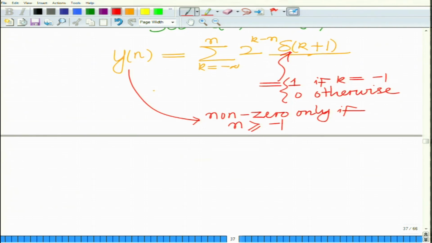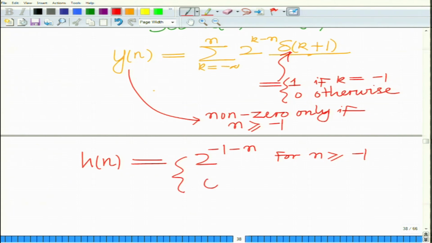And in fact, for n greater than or equal to minus 1, the impulse response h[n] equals, you can see it is non-zero only for k plus 1 equals 0 or k equal to minus 1. So this will be 2 power minus 1 minus n for n greater than or equal to minus 1, and equal to 0 otherwise.